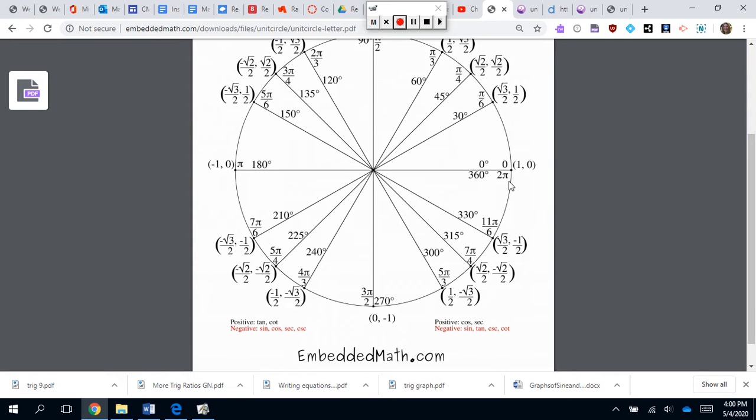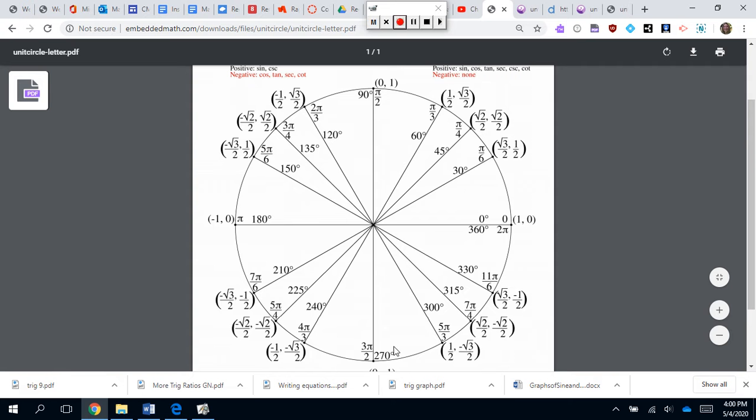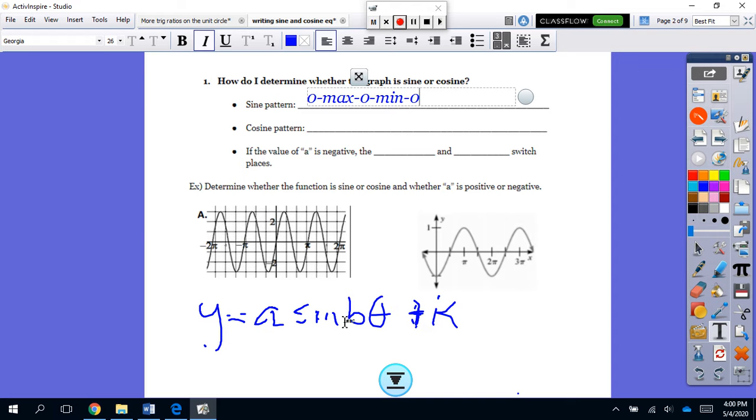And the same thing works for cosine. Now the cosine starts at 1, which would be the max, goes to 0, min, 0, max. So when we do cosine, we use the opposite pattern: max, 0, min, 0, max.